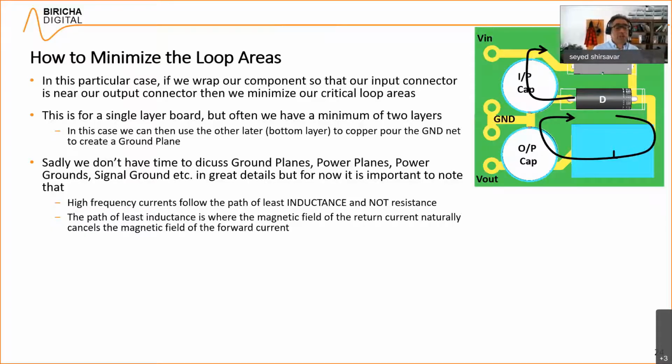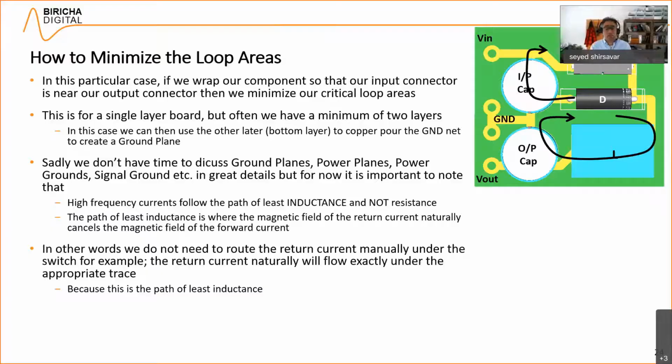The high frequency current, you must remember, follows the path of least inductance, but not the least resistance. The path of least inductance is where the magnetic field of the return current naturally cancels the magnetic field of the forward current, right? In other words, we do not need to route the return current under the switch, for example, if we have poured a copper and if there is no cut on the ground plane.